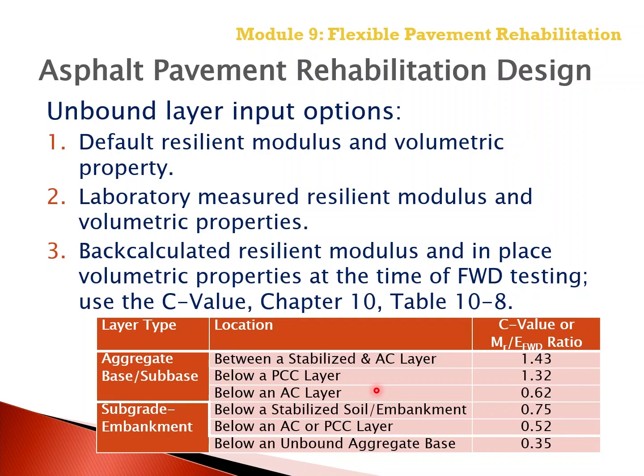The laboratory measured resilient modulus and volumetric properties are the default values. The back calculated values from deflection data and the in-place volumetric properties measured at the time of FWD testing should be used when those back calculated values are converted to a laboratory equivalent value, and the C factors and values to determine that adjustment are listed in table 10-8 in chapter 10.